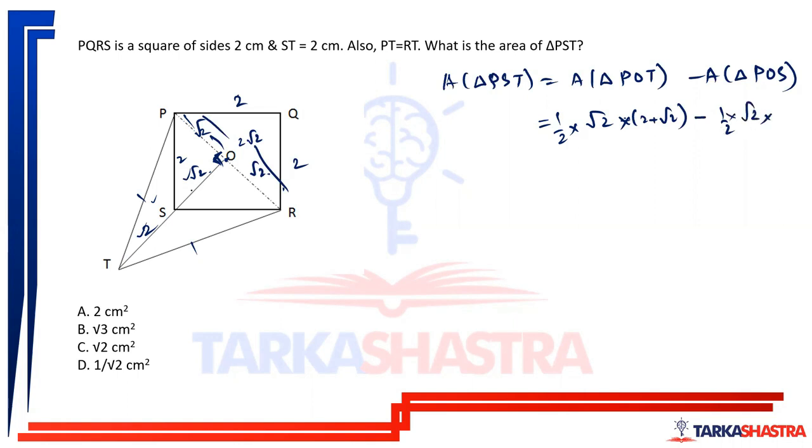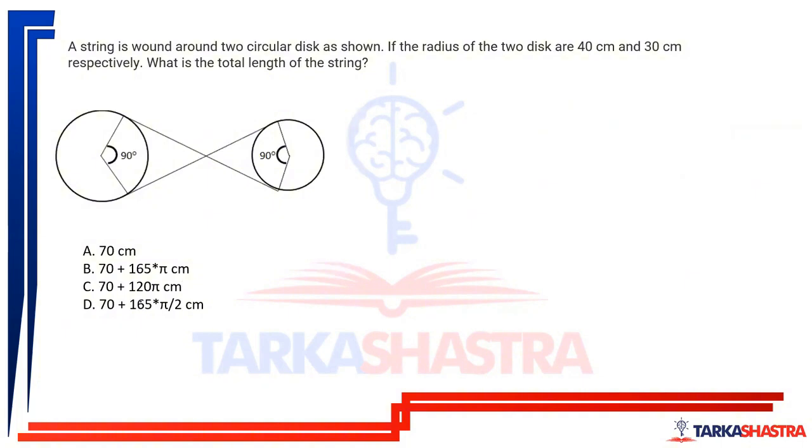And this height is also root 2. So this is 1 by 2 into 2 root 2 plus 2 minus, this is 1 by 2 into 2. So this is root 2. If I open it, this 2 gets cancelled, plus 1 minus 1. So overall, this is root 2. Answer is option C.